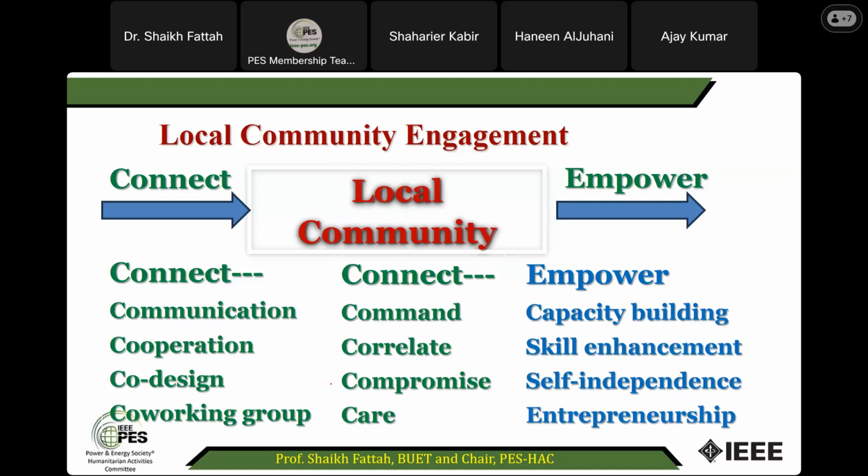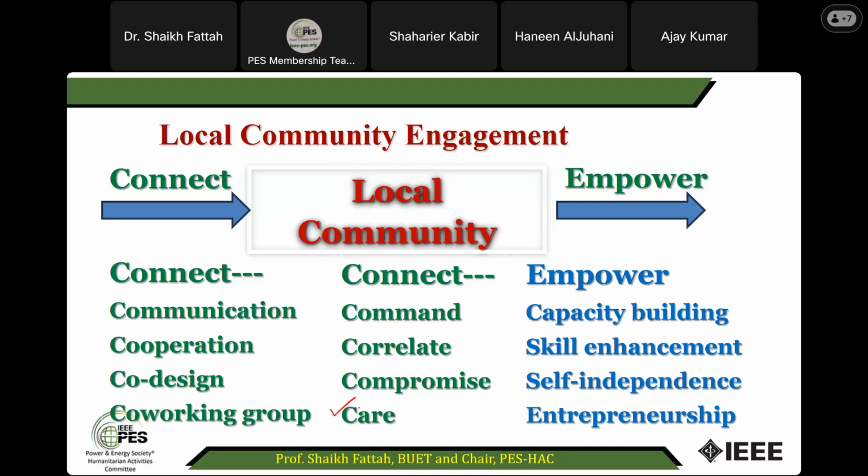Some of the features may be reshaped or redesigned, and you have to prove that you care for the community. You are here to serve them, not to dictate to them.